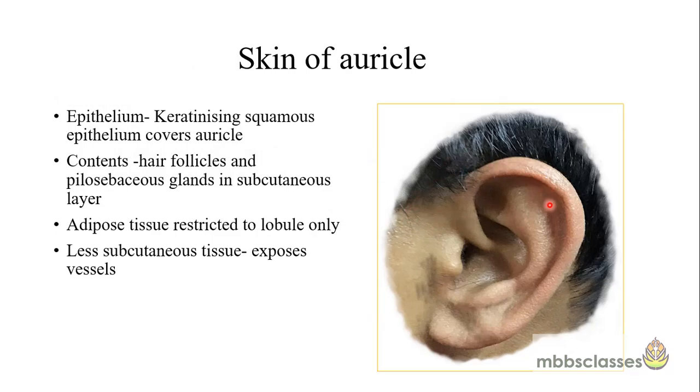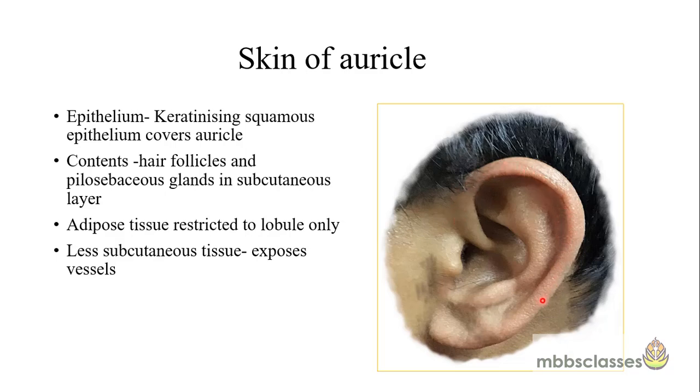Now let's see the characteristics of the covering of the cartilage, that is the skin. The epithelium, similar to the epithelium of other parts of the body, is keratinizing squamous epithelium. But it has certain differences: here in the auricle area, the subcutaneous layer is thin.